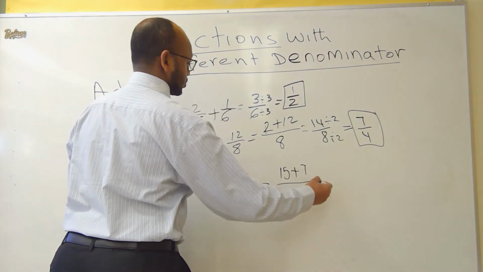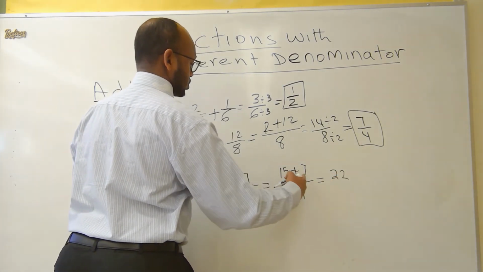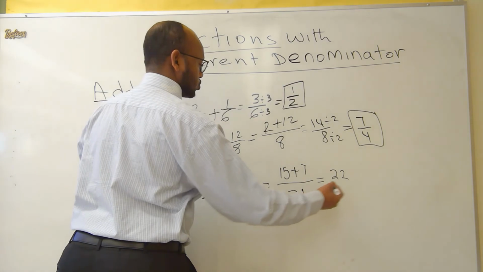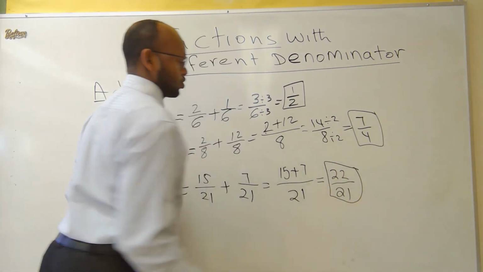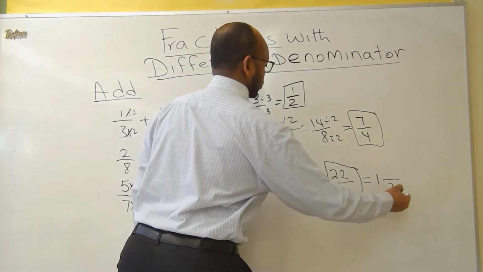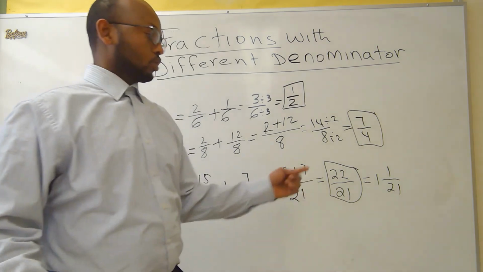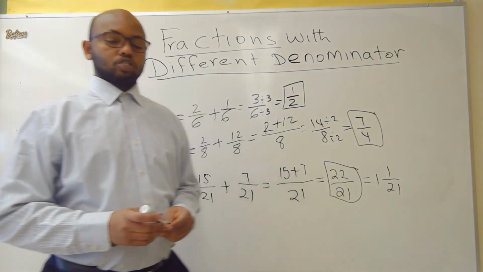When I add this, it is 22 over 21. Okay, so this one you can rewrite if you want as 1 and 1 over 21, because 1 times 21 is 21, and 21 plus 1 is 22, which is a mixed fraction.